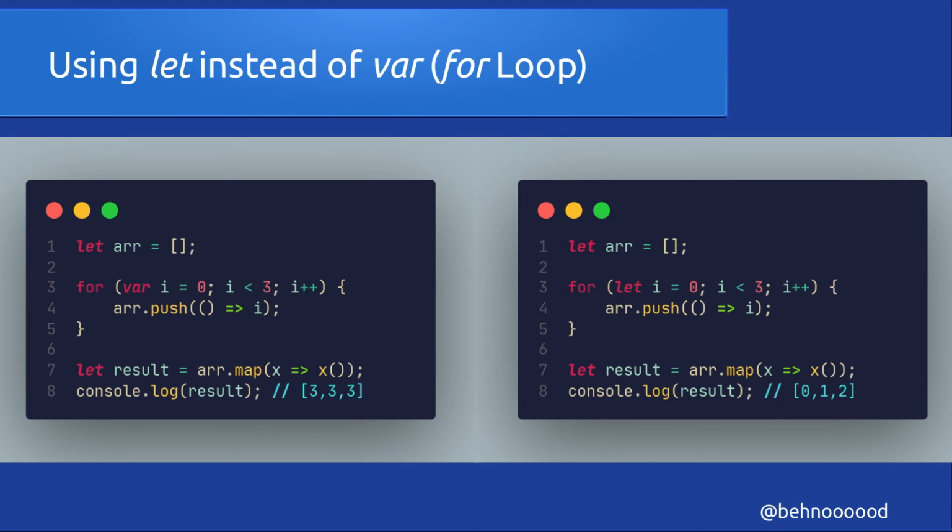So each arrow function returns a different value. Const works like let, but you can't change the initial value of a variable declared with const.